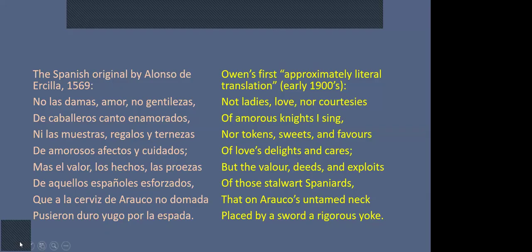Mas el valor, los hechos, las proezas, but the valor, deeds, and exploits, de aquellos españoles esforzados, of those stalwart Spaniards, que a la cerviz de Arauco no domada, that on Arauco's untamed neck pusieron duro yugo por la espada, placed by a sword a rigorous yoke.